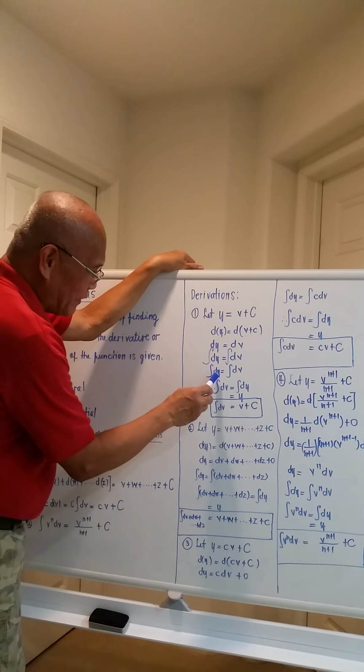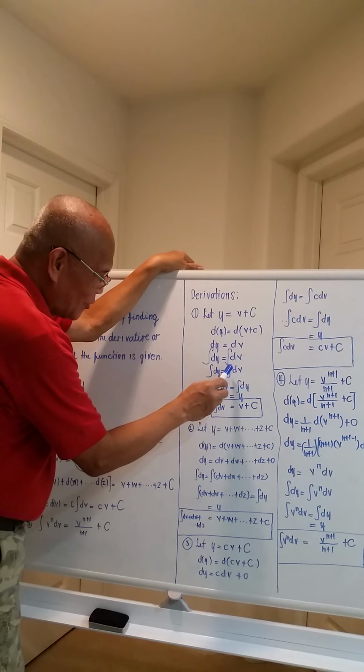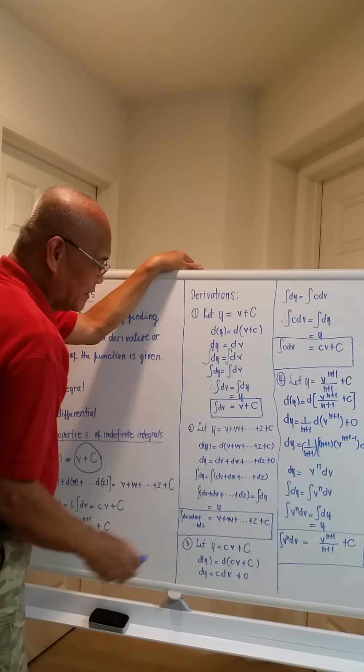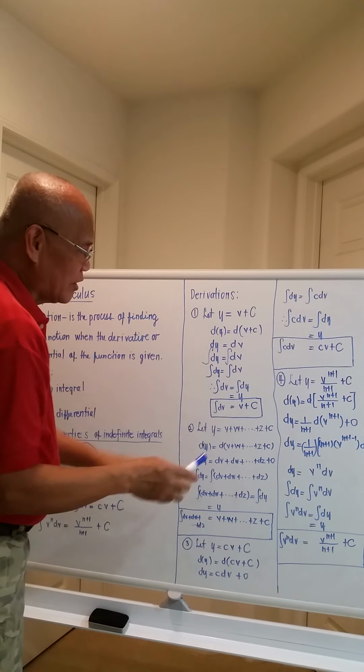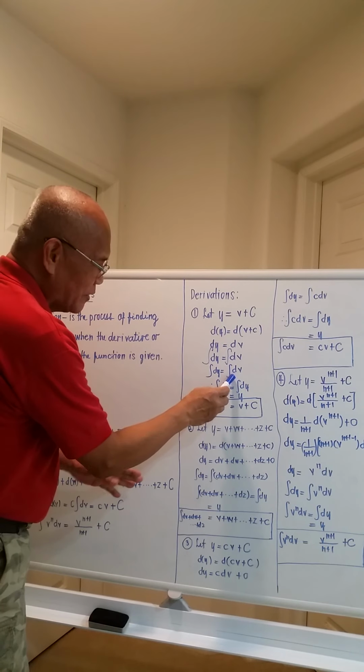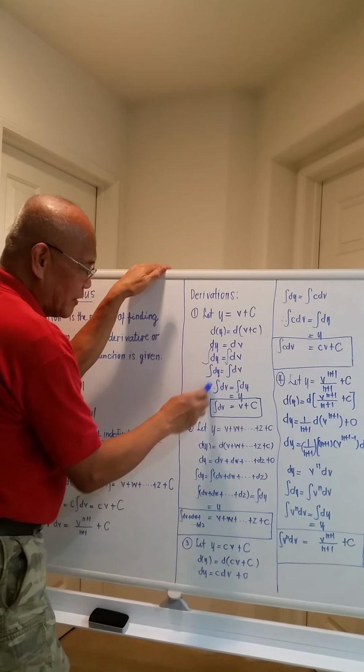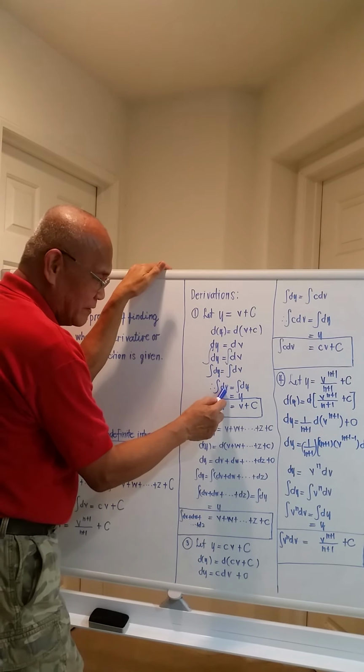The integral of differential of y is equal to the integral of differential b. We rearrange. We put this integral of dv on the left hand side. The integral of differential of b will be on the right, equal to the integral of the differential of y. This is an important thing.